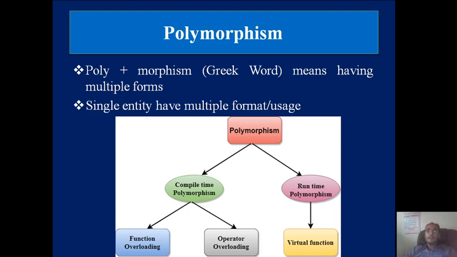For example, take the plus sign. Basically, the plus sign is meant for adding two numeric values. If I define integer i and integer j, I can write i plus j. Either the value can be a floating value or a non-floating value, but basically the plus sign is used for mathematically adding two values.